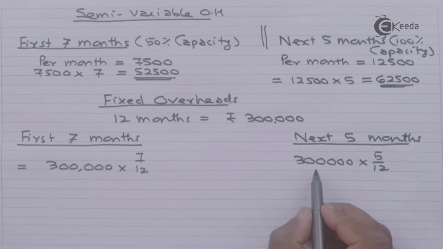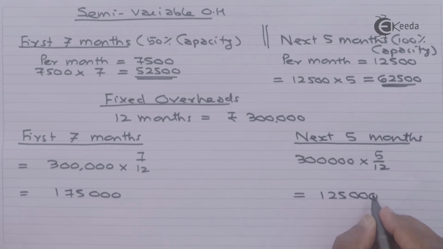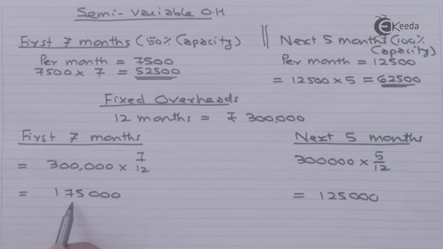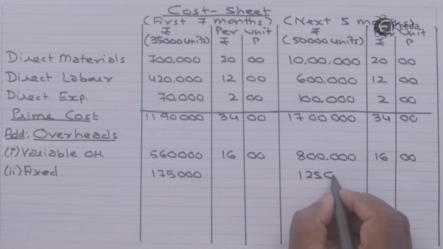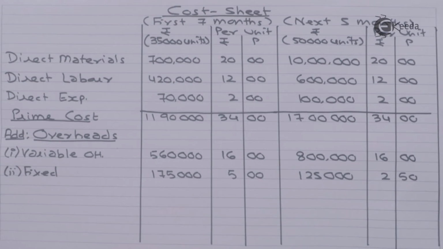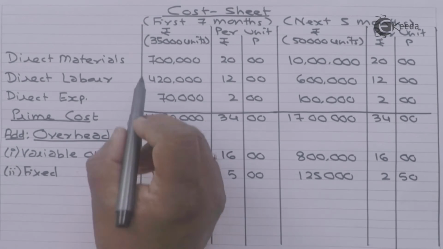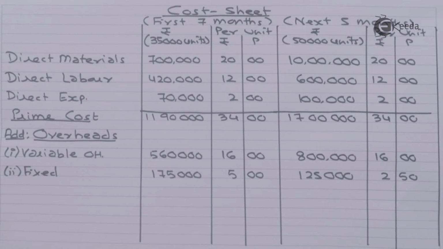During the next 5 months, 3 lakh multiplied by 5 by 12. For the first 7 months fixed cost is 1,75,000. For the next 5 months it will be 1,25,000. To calculate per unit, we divide by units produced. 1,75,000 divided by 35,000, per unit it comes to rupees 5. For the next 5 months 1,25,000 divided by 50,000 units, it comes to rupees 2.50, 2 rupees 50 paise.